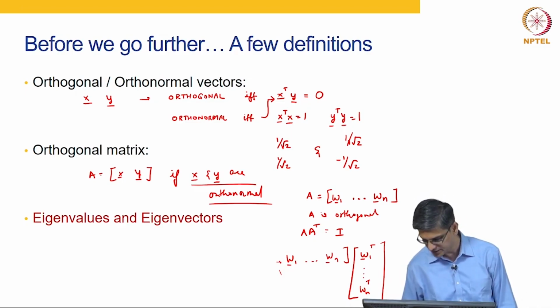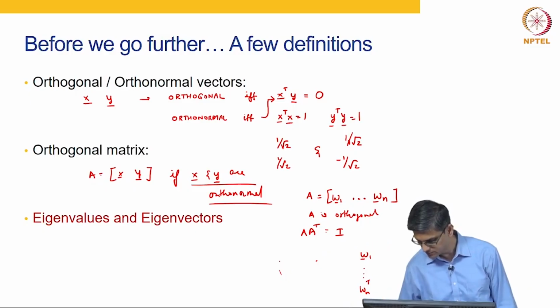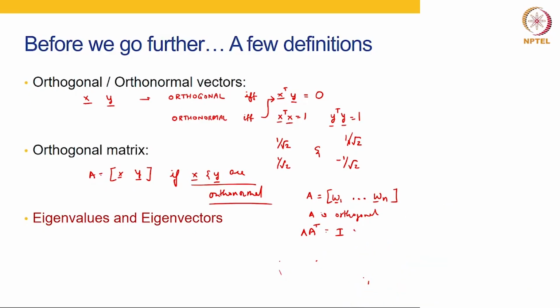So, if we write it in terms of A transpose A, this is going to be, which will mean that Wi.